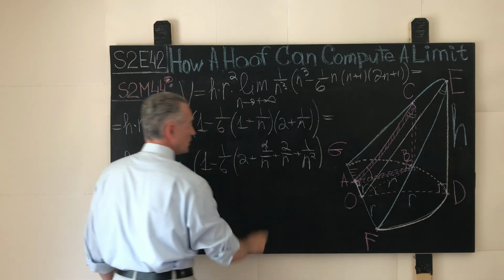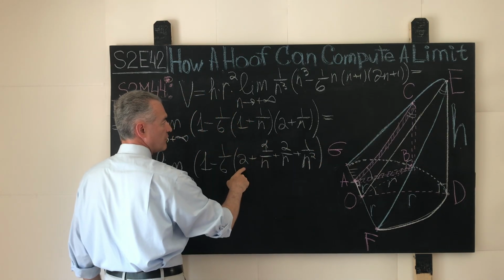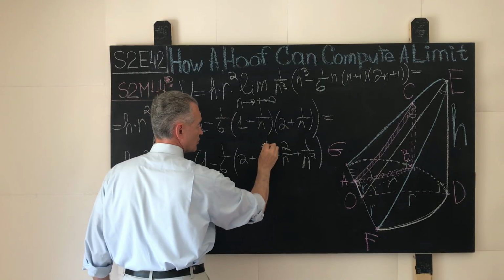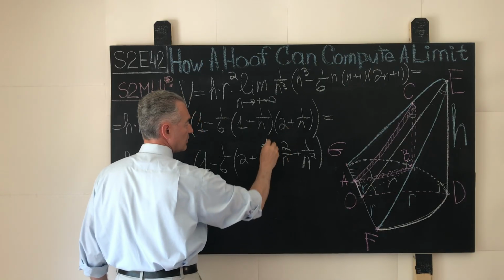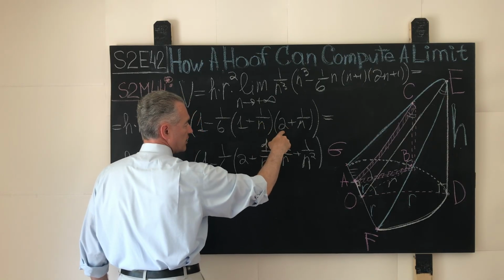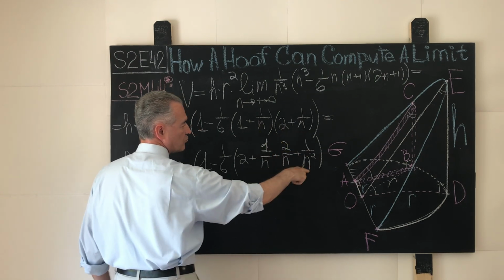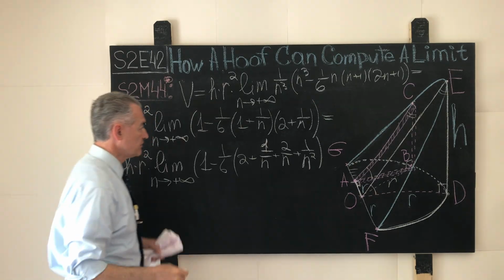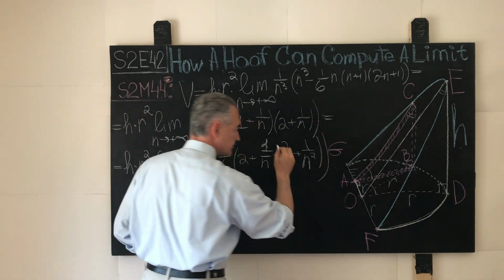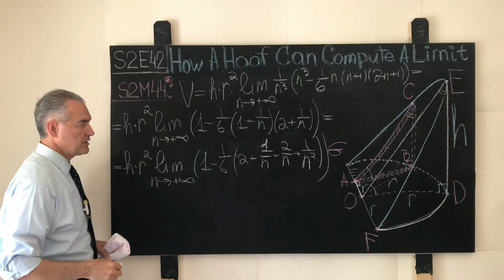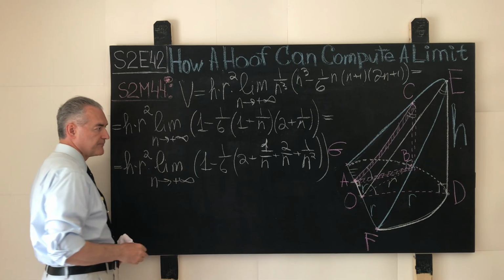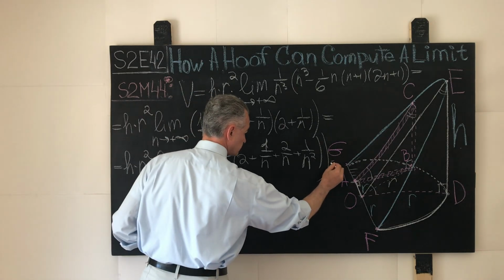Agreed? 1 times 1 over n is 1 over n. 1 over n times 2 is 2 over n, this guy right here, and 1 over n times 1 over n is 1 over n squared. Very good. Another parenthesis here. And this is all baby middle school arithmetic. This is not even mathematics.